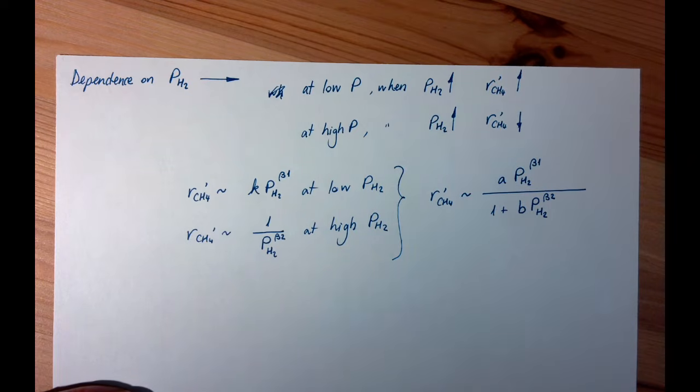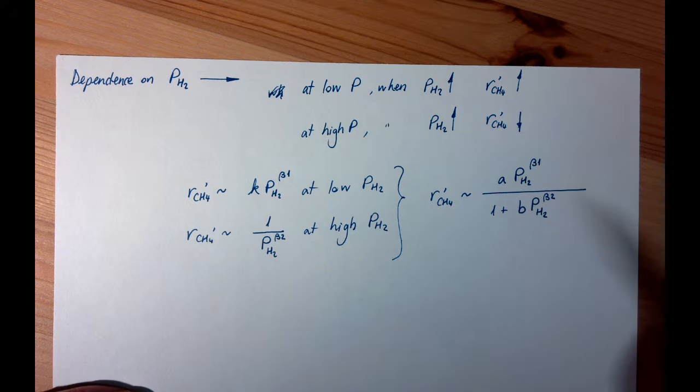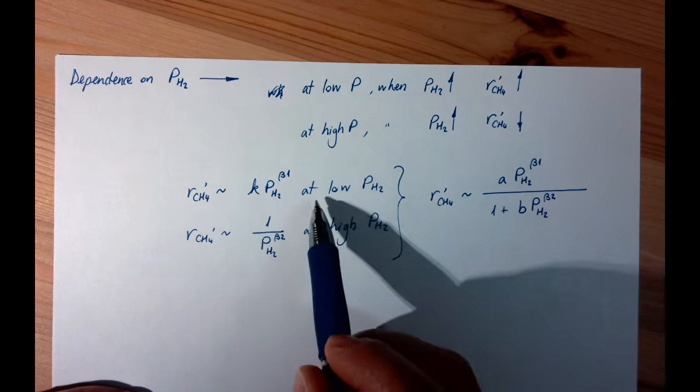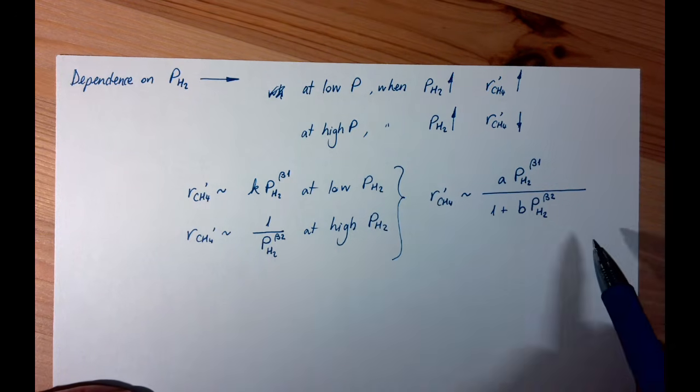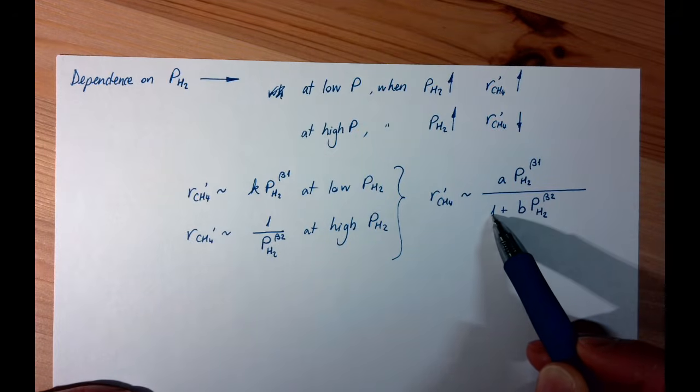We are writing it this way because when we have a low pressure of hydrogen, this number is going to be smaller than 1.